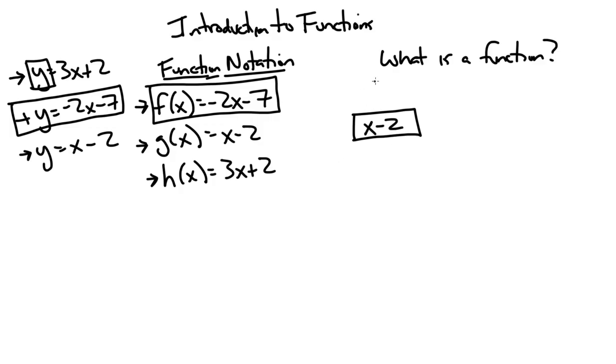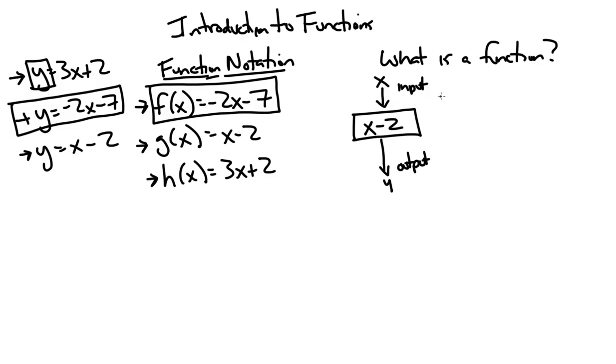Okay, so I put something in the box, in this case x. I put something in the box, that's called an input. And then something comes out of the box, and that's a y, which is called an output.